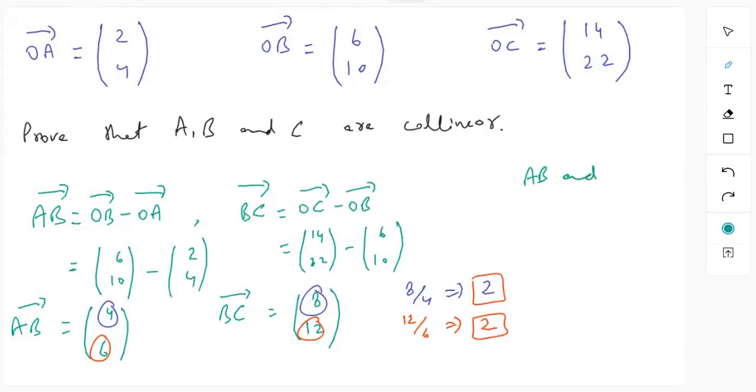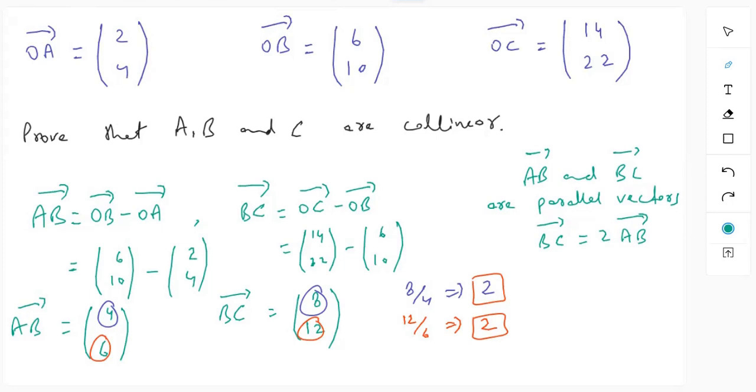AB and BC are parallel vectors. Or we can also say the other way around, BC vector is 2 times the vector AB, right? Because that's the ratio that we're getting.